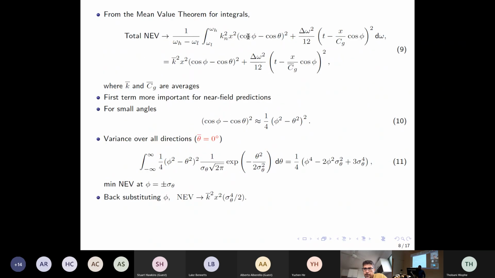So this term is now looking like this. We have dropped all the other terms, and we're just having the 2 terms that I just talked about before. So now we integrate over the whole frequency bandwidth.